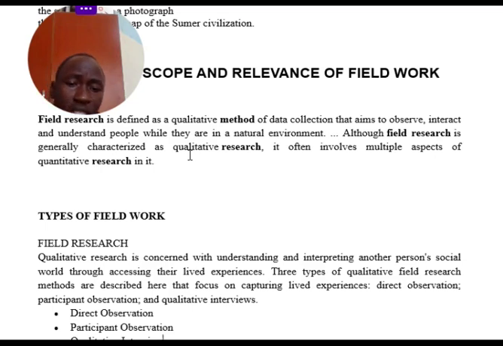This quantitative research mainly deals with methods focusing on direct observation in terms of obtaining information.